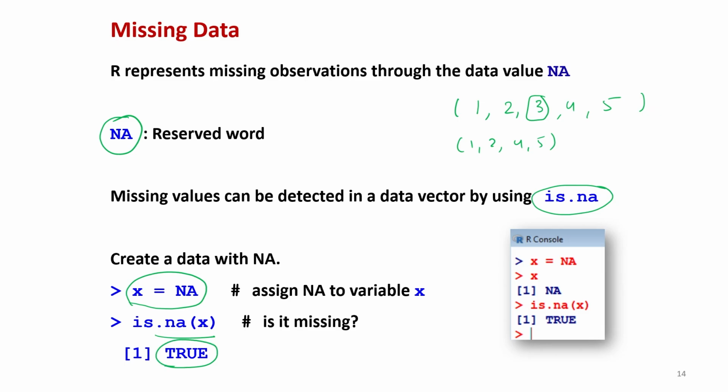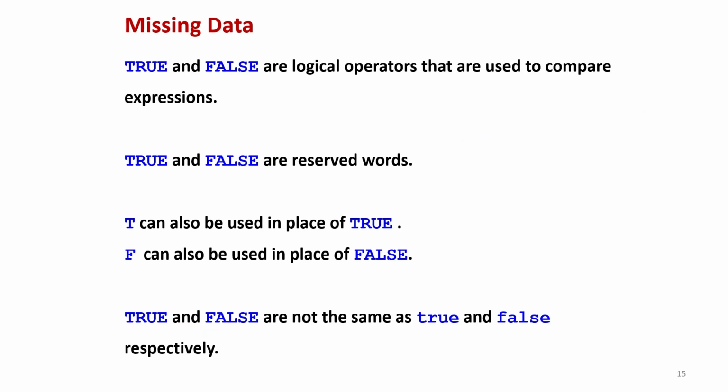So TRUE and FALSE are also reserved words. When the answer is TRUE, this shows that yes, the data is missing. TRUE and FALSE, all in uppercase, are the logical operators that are used to compare expressions in R. As I said, TRUE and FALSE are both reserved words. You cannot use them for any other operation.